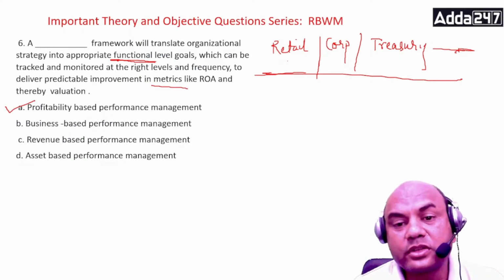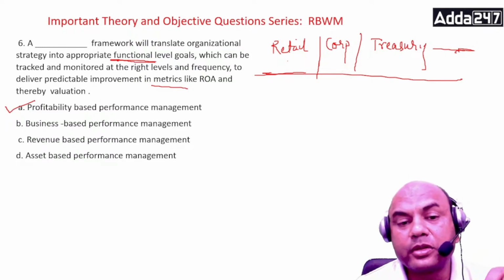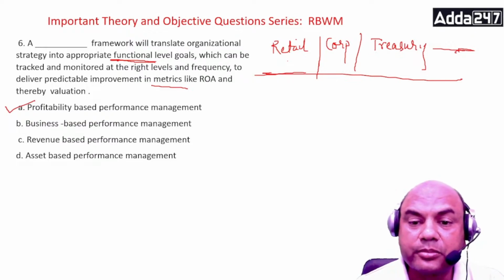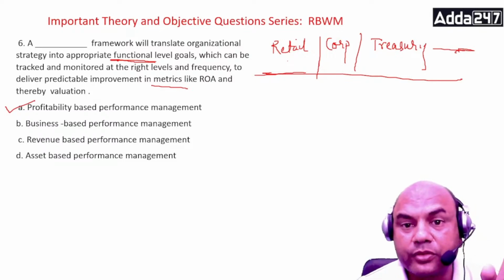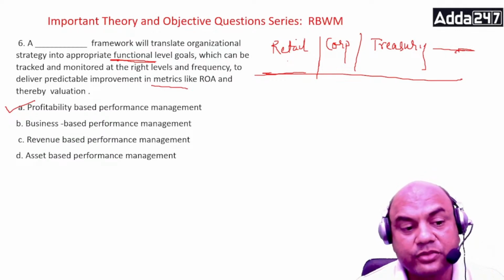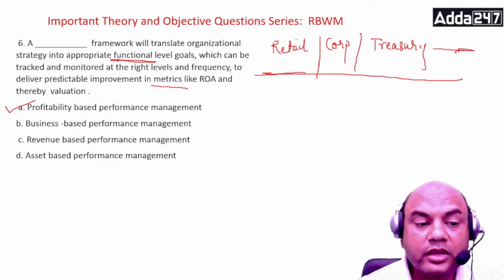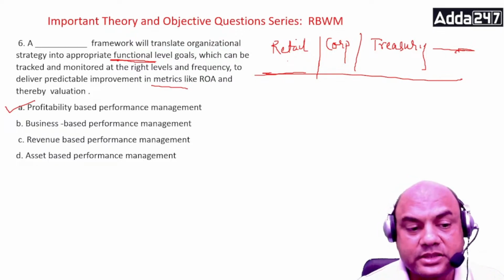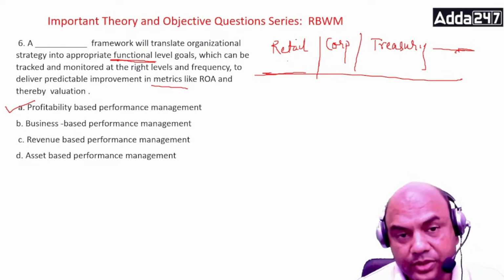If I'm focusing on profitability, only then my overall functions will also focus on the profit. It all depends on the top level. If my top level board of directors are focusing on profits, all the employees of the bank will focus on profits. If my top level focuses only on business without focusing on profits, there can be a business which is huge or revenue. There can be a company having huge revenue. Revenue means sales, but lesser profits.